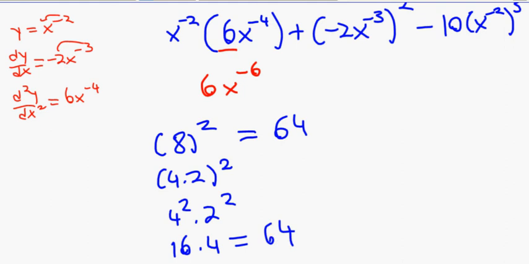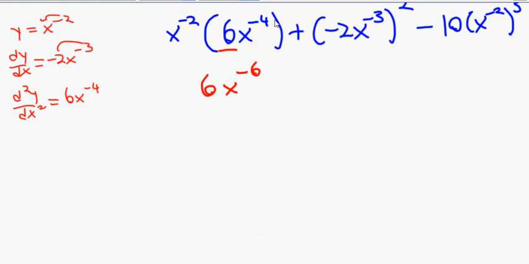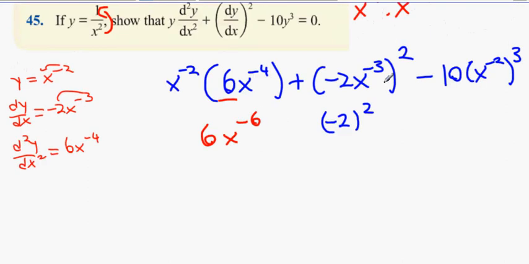I'm going to do the same thing here. Okay? So when I'm doing this in my head, what I'm doing is this. I'm separating out the minus 2. I'm going to square the minus 2. And beside the minus 2, I'm going to square x to the minus 3. When I square the minus 2, I get plus 4. When I square this one here, 2 multiplied by minus 3, minus 6.